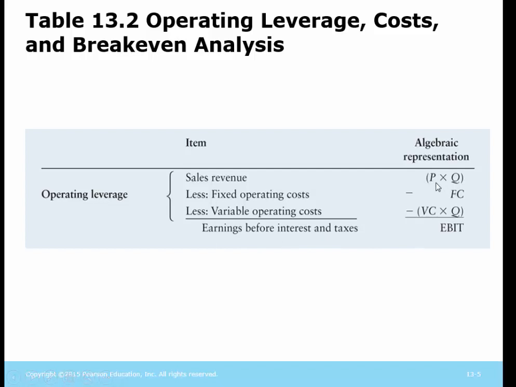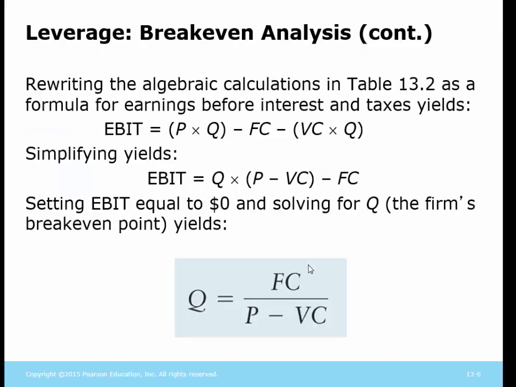Right? So we have the sales revenue is price times quantity. Fixed operating expenses or fixed costs, that's FC. And of course the variable cost is whatever the variable cost ratio is times the units that are produced. The formula here then ultimately gives us earnings before interest and taxes.